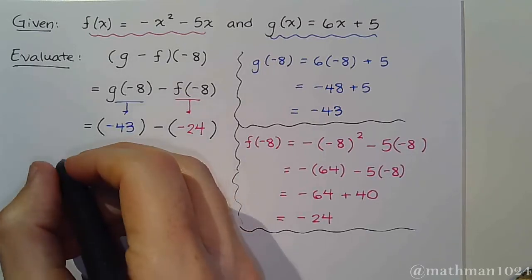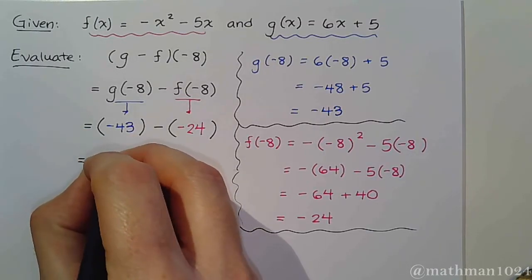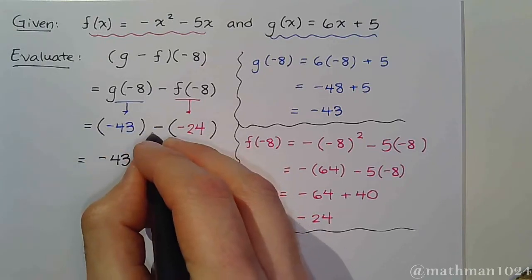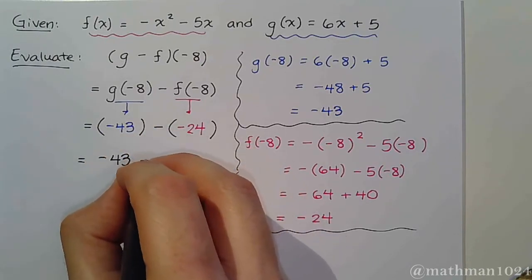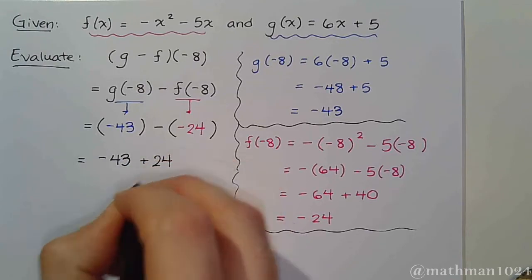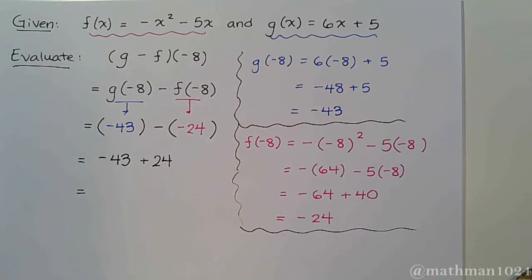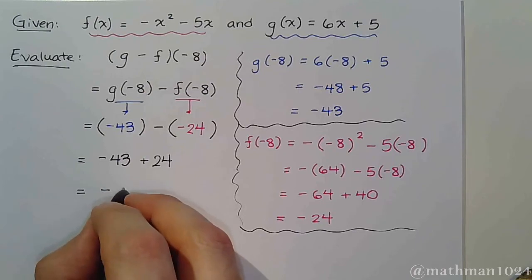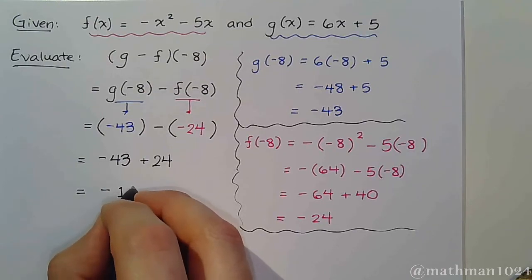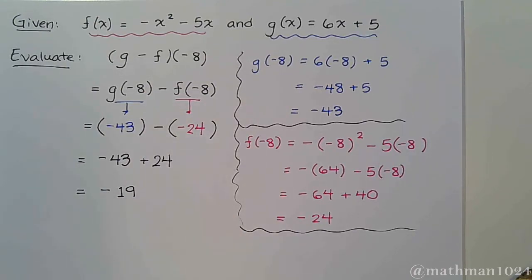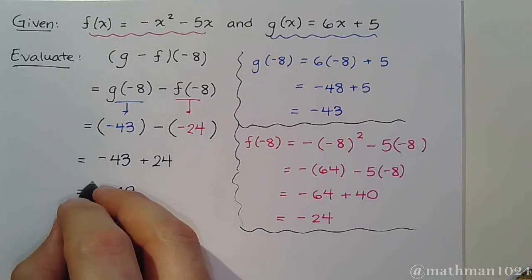So from here, clean up those parentheses, so that's still negative 43, but now minus a negative 24 becomes plus 24. And we combine these integers, and we come up with a negative 19.